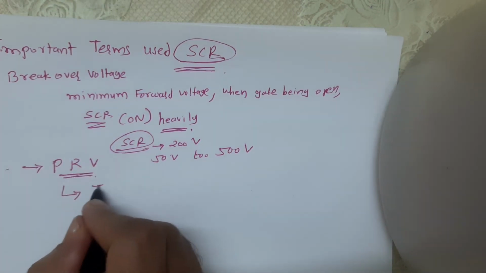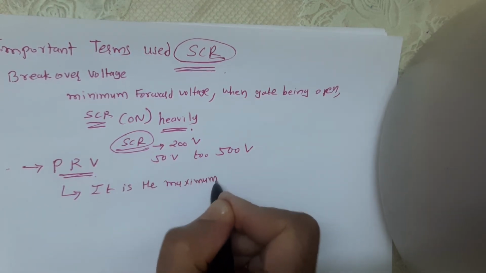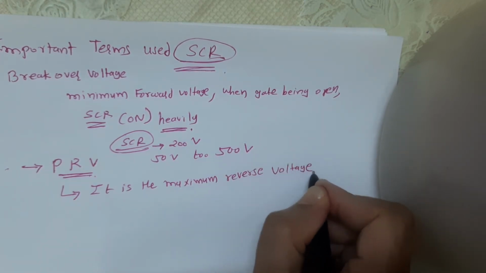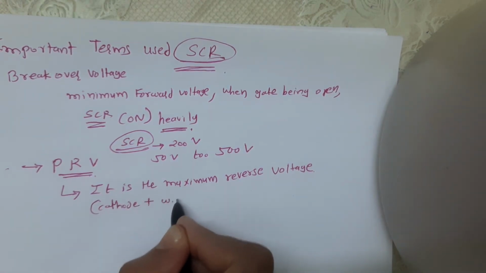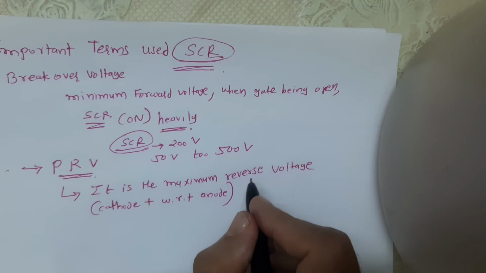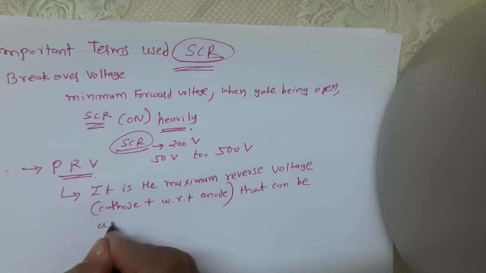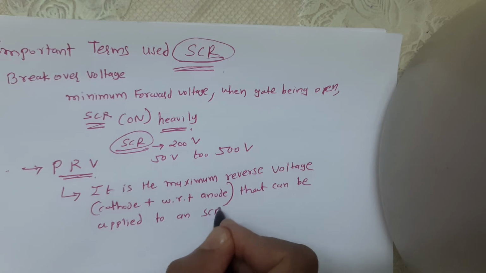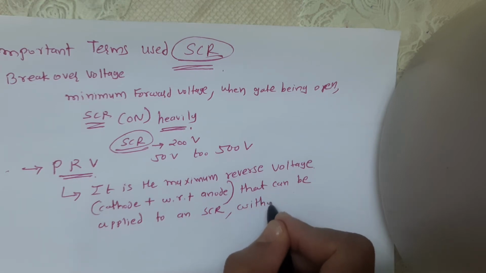The definition is: it is the maximum reverse voltage, that means cathode positive with respect to anode, that can be applied to an SCR without conducting in the reverse direction.